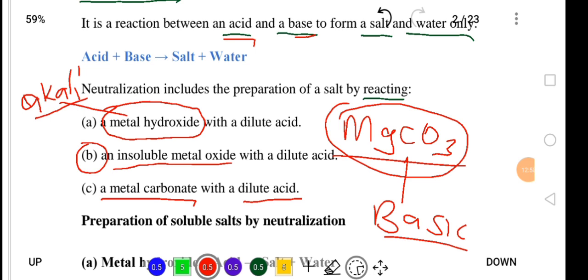Since the weak acid, which is carbonic acid, reacts with a strong base, the salt which is produced will be a basic salt. Since that salt, such as magnesium carbonate, is a basic salt, it possesses the characteristics of bases in such a way that when it reacts with an acid, it will react as a base. That's the reason why we are saying a metal carbonate can also be used to prepare a salt.